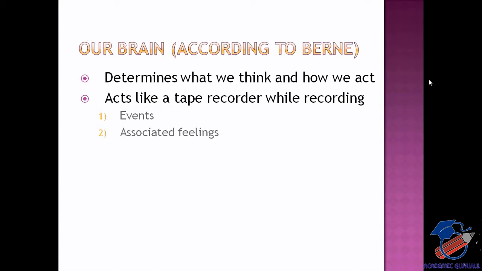So the brain acts as a tape recorder and it records all the events that are taking place in our surrounding, in our environment, consciously or unconsciously. We record all those things in our brain, and the feelings associated with those events.